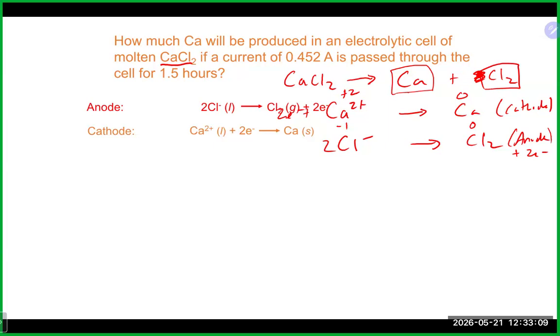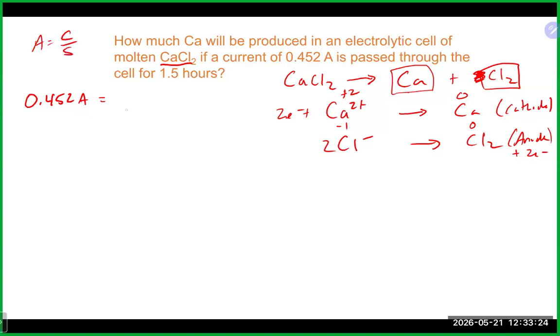All right, since we have our cathode and our anode identified, we can get into the problem. We are given that this cell is running at 0.452 amperes. Remember that an ampere is a coulomb per second, so that's 0.452 coulombs per second.